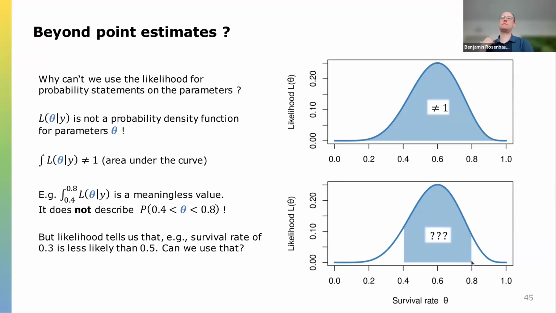This function would need to integrate to 1 over the whole parameter space in order to have a meaningful value here. So this area does not contain any meaning, and we cannot use this to make any statements about probability. We just can say, okay, this one is the mode, right? The mode is the location where the maximum is reached, but we can't say anything else about it.